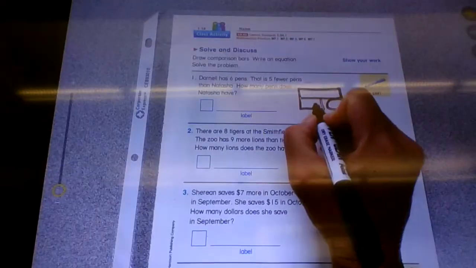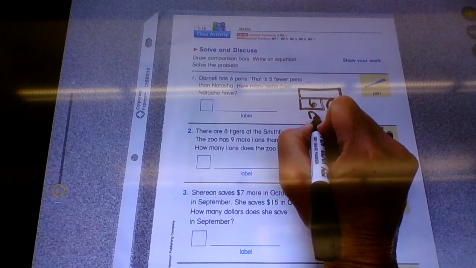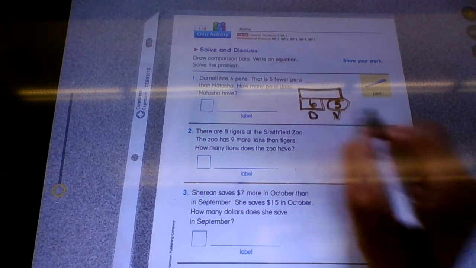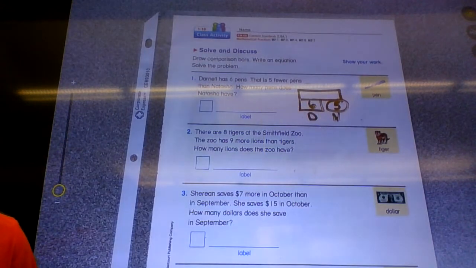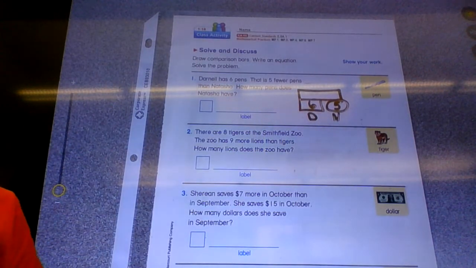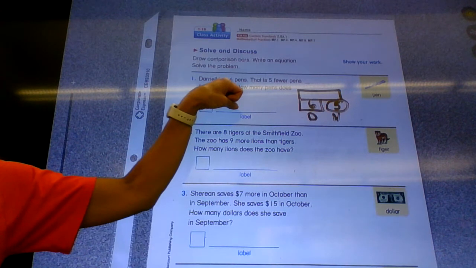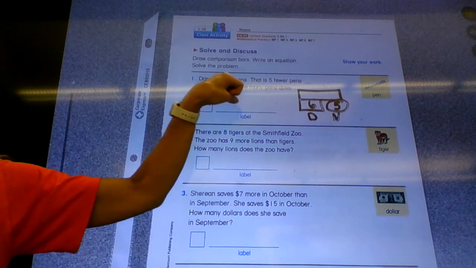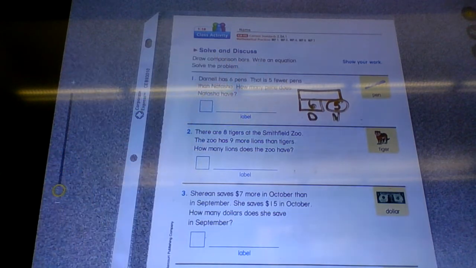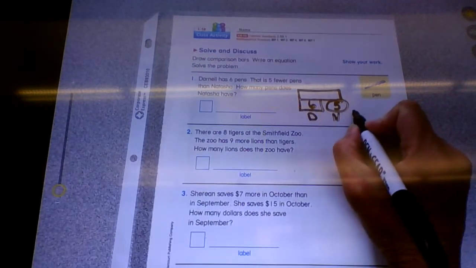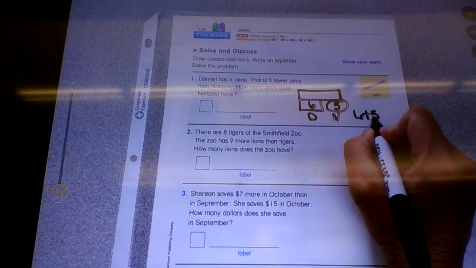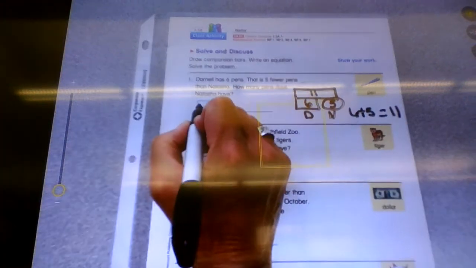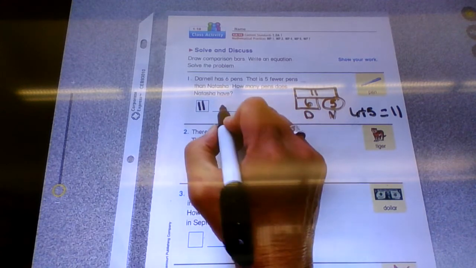And then you would put the 6 here for Darnell, and you would put the 5 here for Natasha, because you need to find out how many pens Natasha has, and it's going to be larger than Darnell since Darnell has 5 fewer pens. So we're going to add it up. So it would be 6 plus 5, and that equals 11. So my total is 11, and then I would say 11 pens.